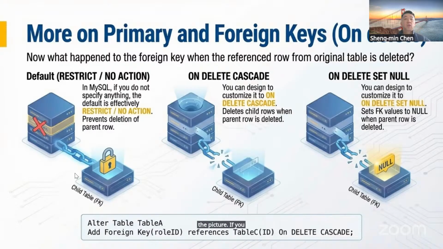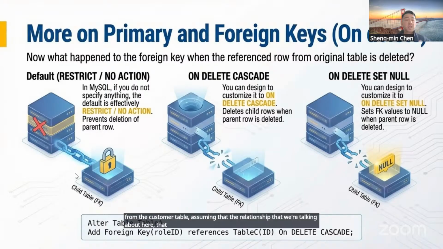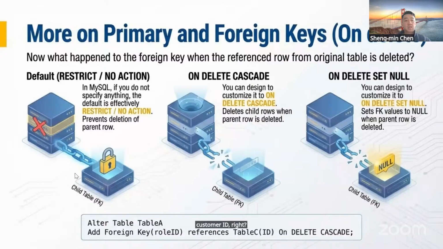If you are removing my order, assuming the relationship we're focusing on is just this one-to-many customer ID, that would be okay because you're deleting from a referencing table. It's the child table, so it would not have a broken relationship. The customer ID of mine will still exist on the customer table.